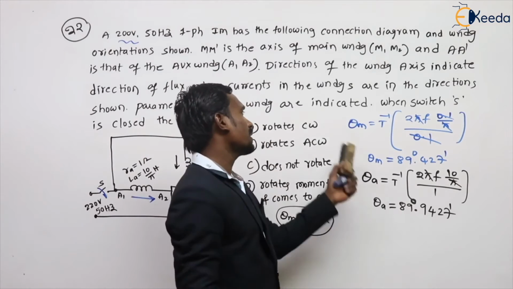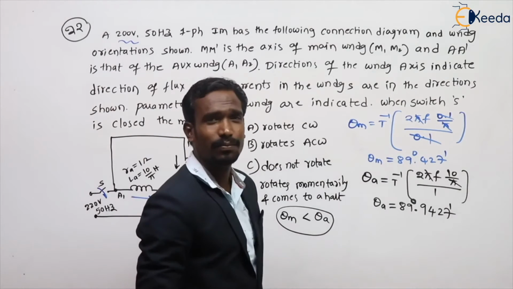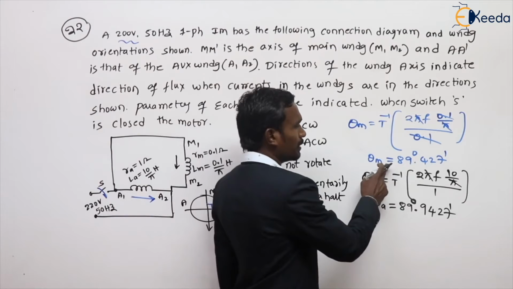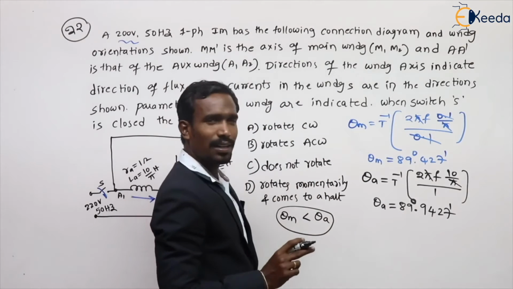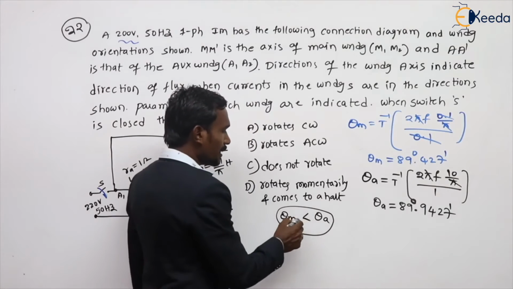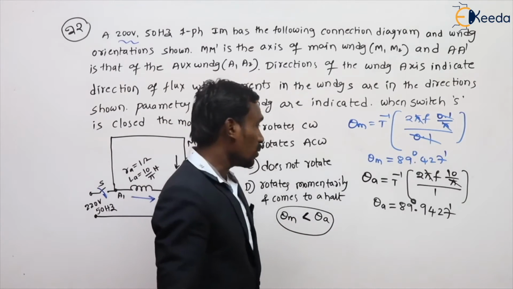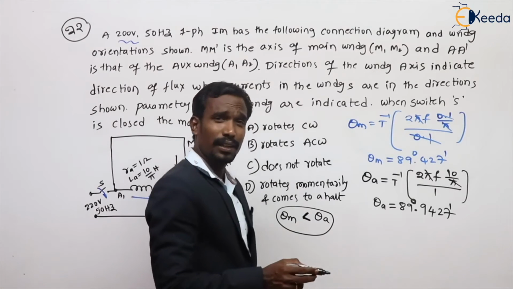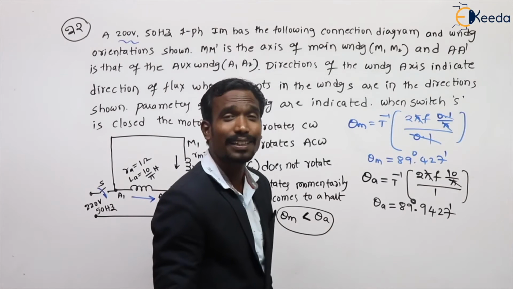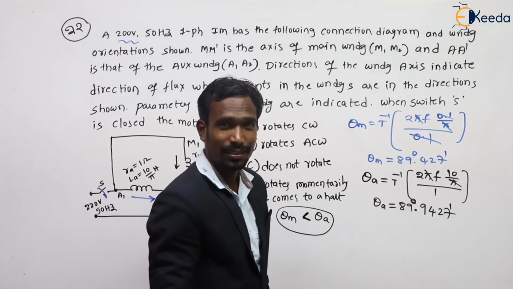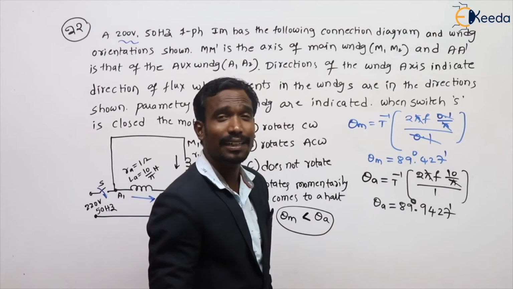Now tell me which of the following is the correct answer. Theta m is there, theta a is there. By seeing the two values, theta m is less than theta a, so the answer may be option B. Is it correct? No, option B may not be exactly the correct answer.